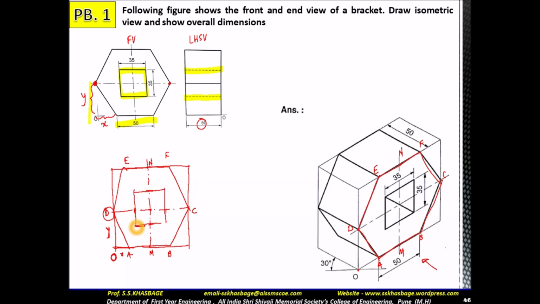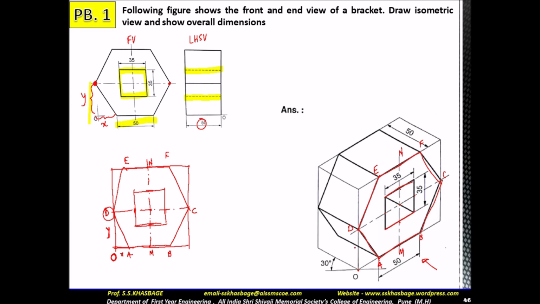With the help of these 4 points, we will have a rectangle here, like this. Now plot the same rectangle with the help of this midpoint, by taking 17.5 distance on both sides, and just pass a line which is parallel to the isometric axis.